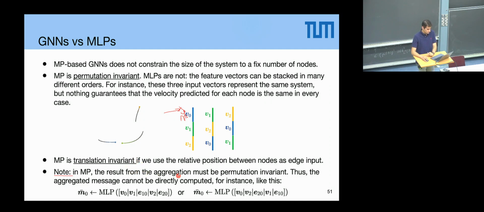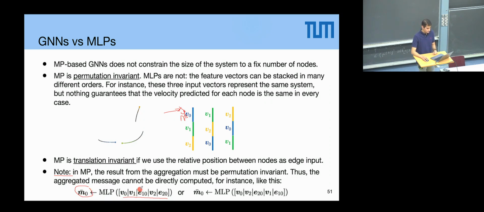So instead of having the aggregation operation in message passing, we could consider that we have a fixed number of nodes. We are okay with that. And we stack the features of the nodes and the features of the edges into one single vector, and then evaluate an MLP and obtain the message or directly the features for the node.